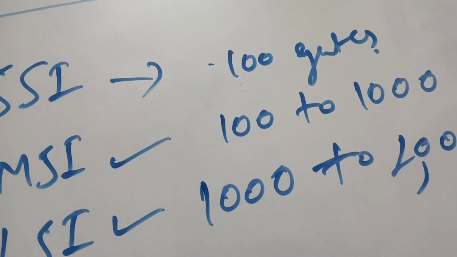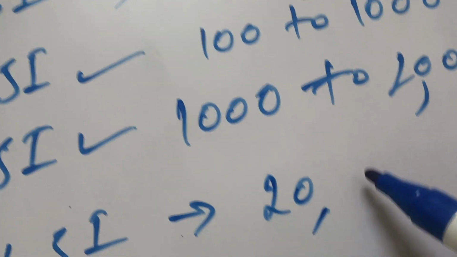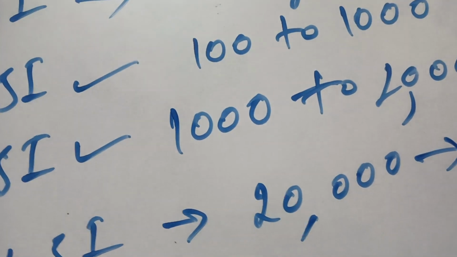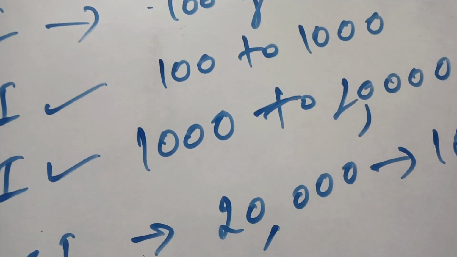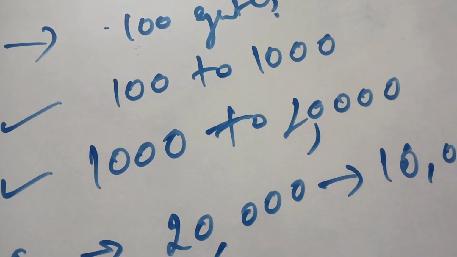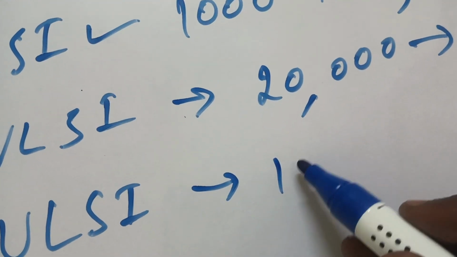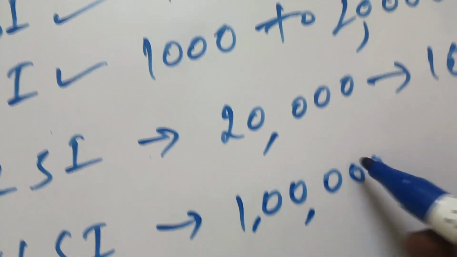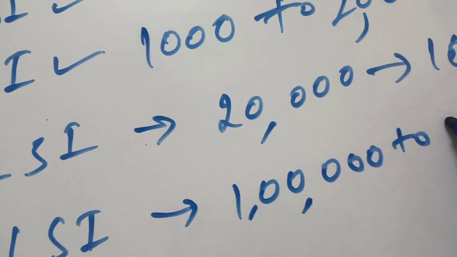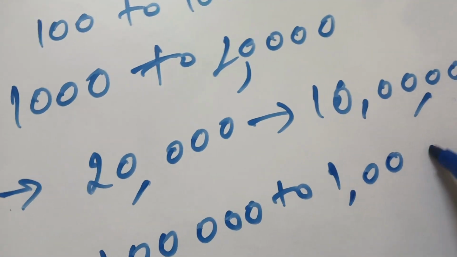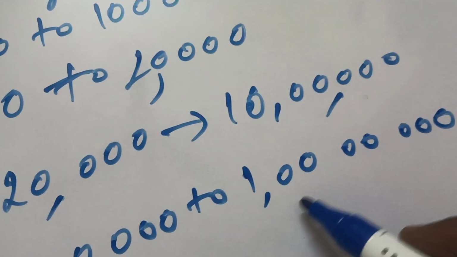VLSI, 20,000 to 1 lakh. ULSI, ultra large scale integration, 1 lakh to 1 crore.